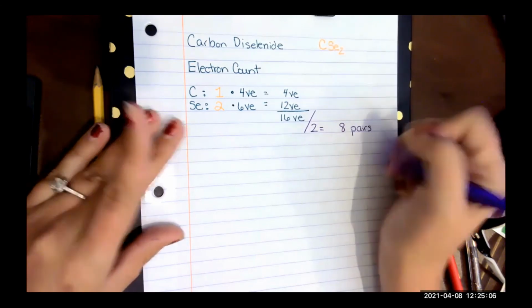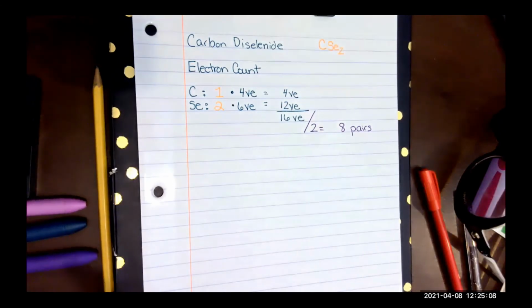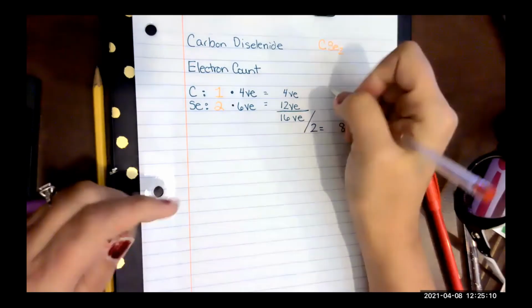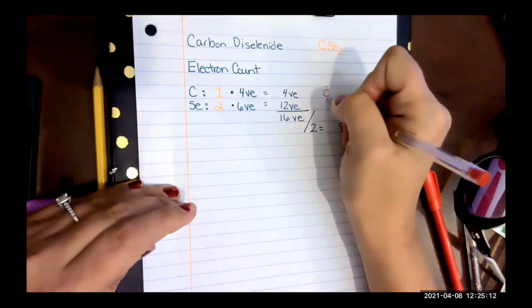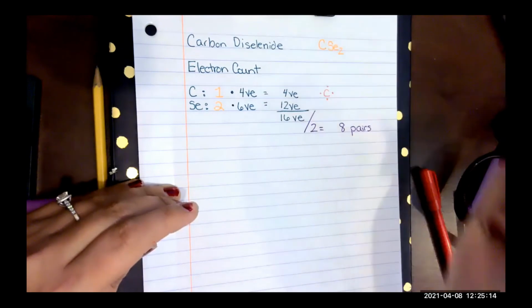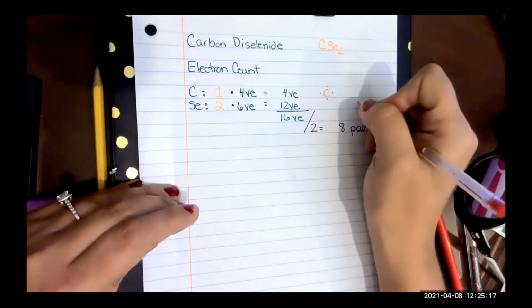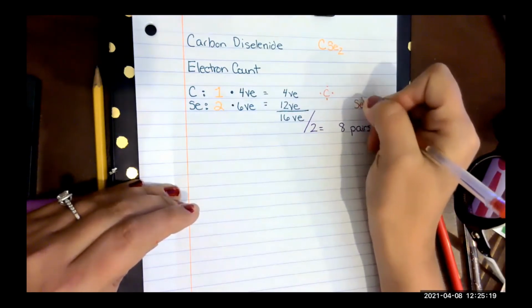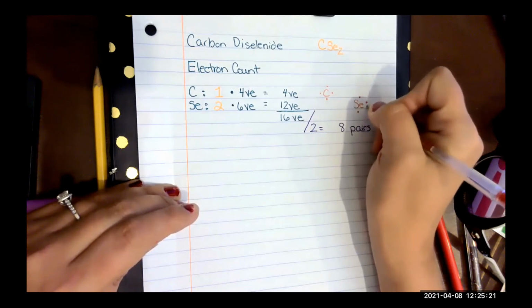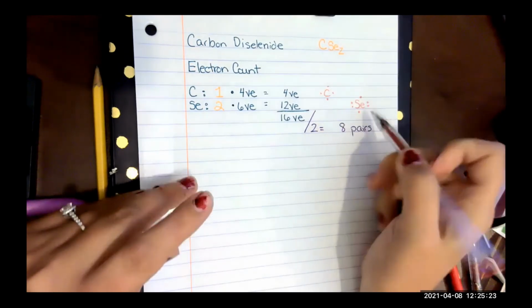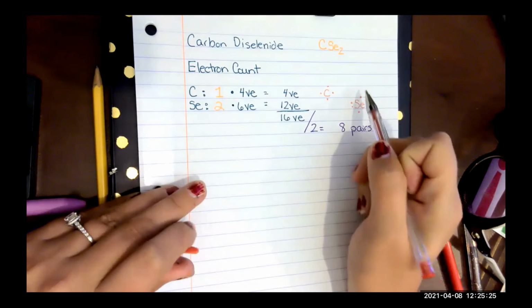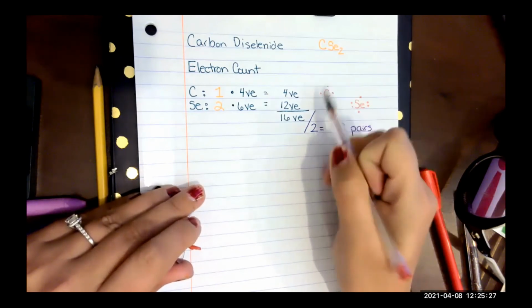Now at this time is when we're gonna go back and draw our Lewis dots. Carbon has 1 dot on each side, selenide or selenium has 6 valence electrons and it already has 2 pairs and only has 2 places really for bonding. Carbon has 4.